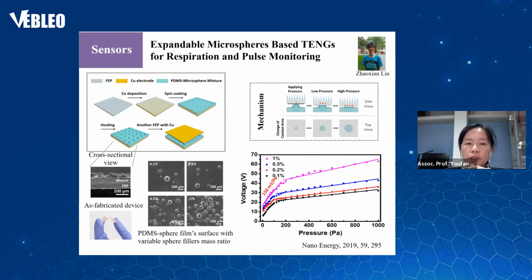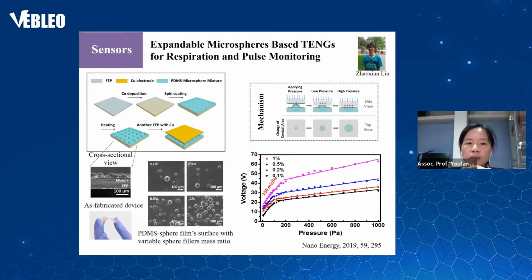So we developed a thermal expandable microspheres-based pressure sensor. It is based on the working mechanism of a triboelectric nanogenerator. In this case, we mixed the thermal expandable microspheres with PDMS.